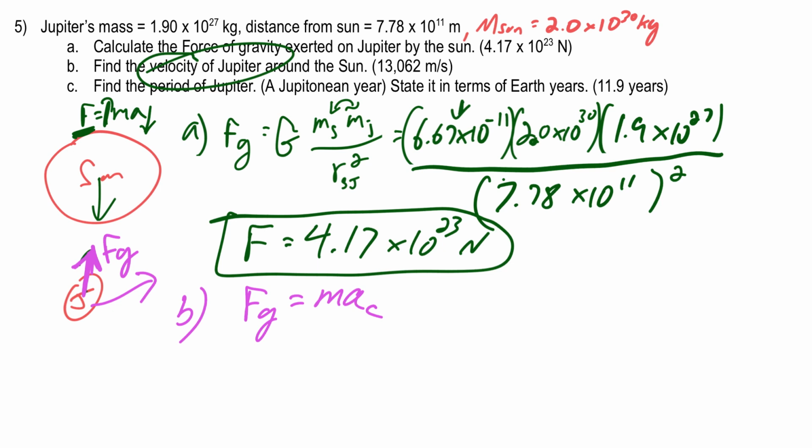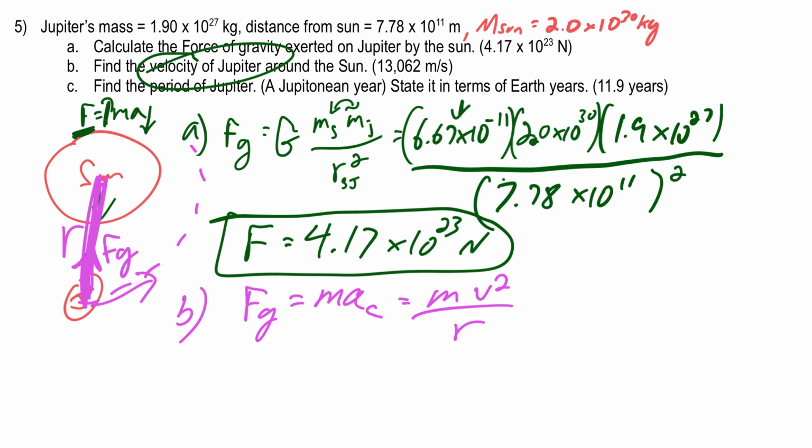So the force of gravity we just found would be equal to mv squared over r, and we're solving for the velocity here. The radius, that's just the radius of the circle. Notice that that's the same as the distance between them, right? So the radius is the same as the distance between them.